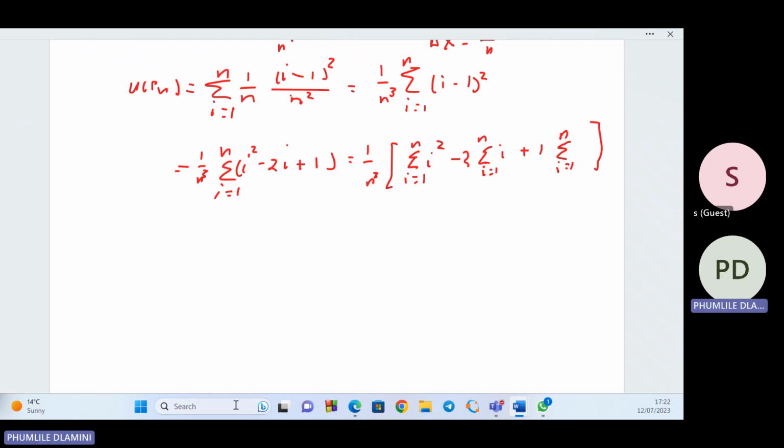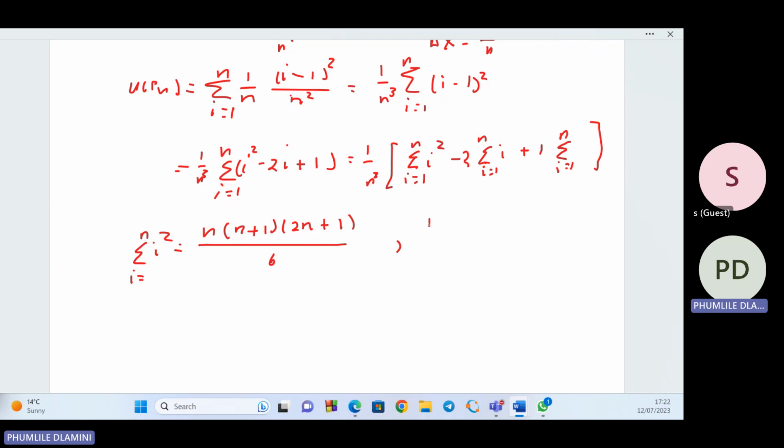Then when we have done it this way, I'm going to show you what the sum from i equals 1 to n is equal to. I will just write it inside. The sum of i squared is equal to n times (n plus 1) times (2n plus 1) over 6.